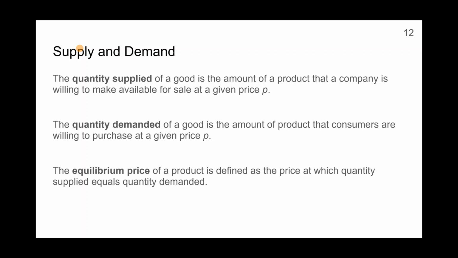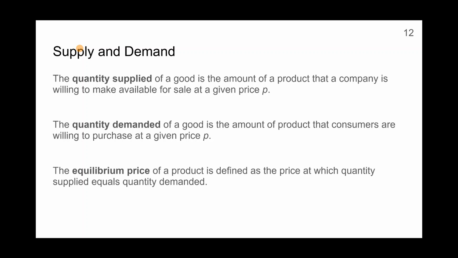If you can sell hot dogs for $100 each, you would want to make as many hot dogs as possible. Whereas if the price is low, let's say it's only 50 cents that you can sell a hot dog for, you don't have much incentive to make a lot of hot dogs. You might want to use your resources to create other more profitable items.